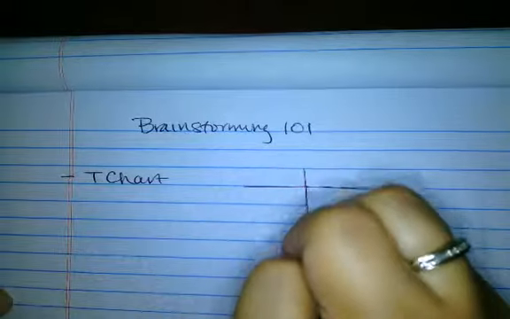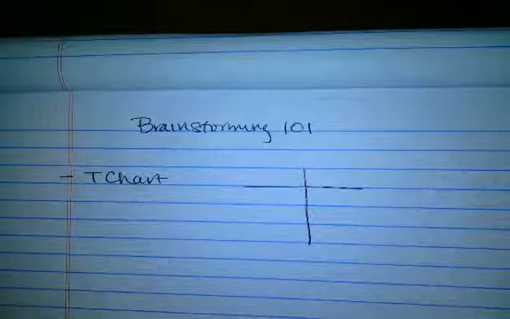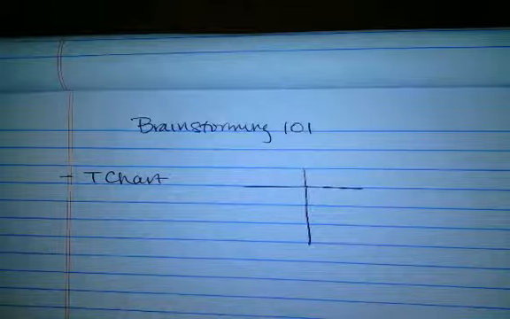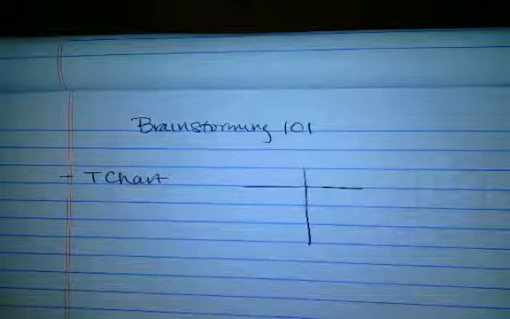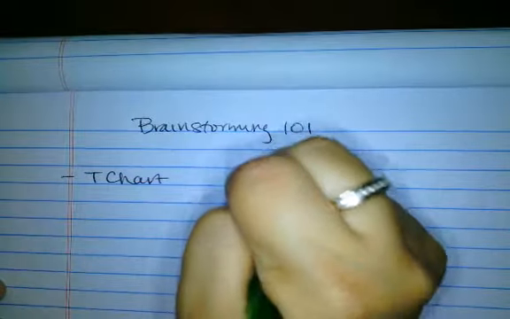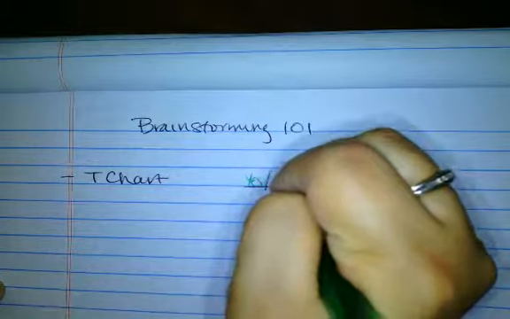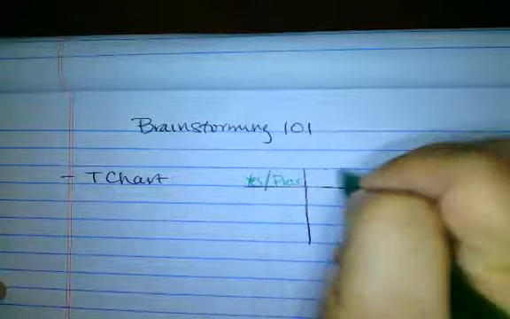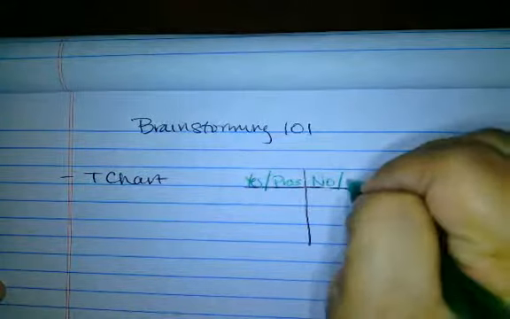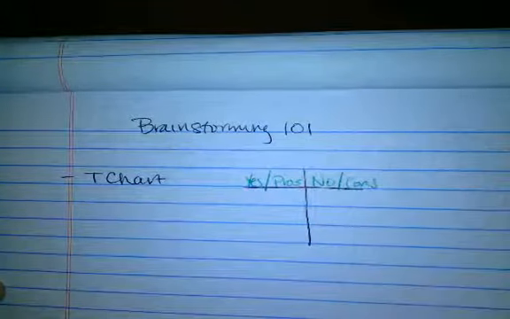T-charts are perfect for persuasive writing. It gives you a clear yes or no, cons or pros. Makes it easy to organize, okay? So this should be the elementary part. I shouldn't have to go too much into detail. So you're either going to do yes, or you're going to do the pros, whatever your prompt is asking you to do, okay?